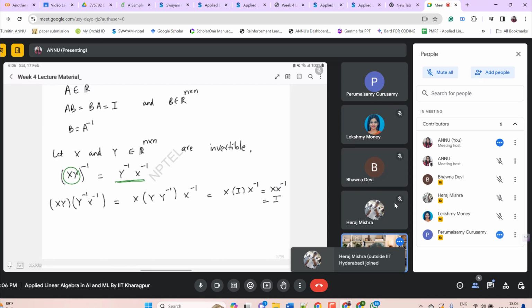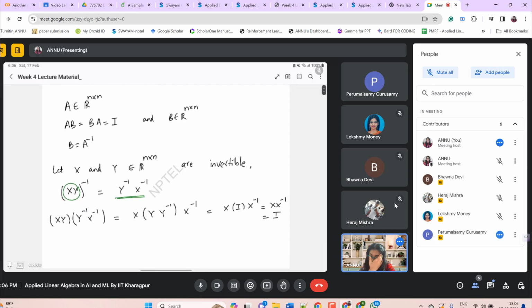Thank you for joining. So basically, in the first lecture, what is the motto? Till this point, we have seen in the previous weeks why we need left inverse and right inverse, and where each is used. Left inverse is for tall matrices as well as square matrices, and right inverse is for wide matrices.